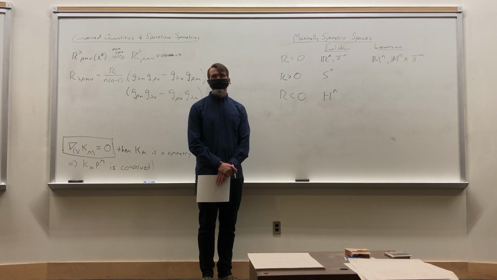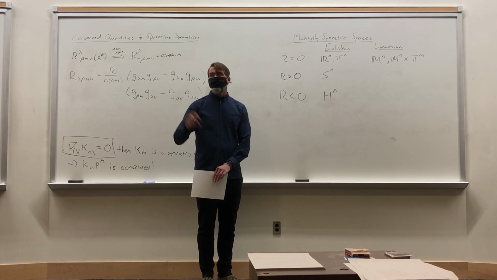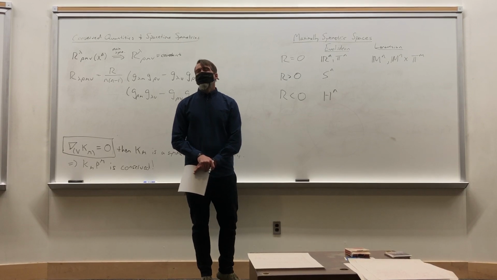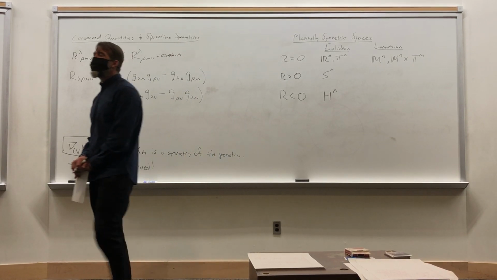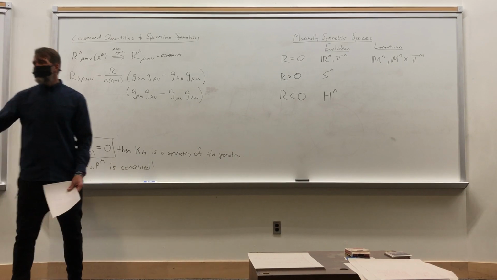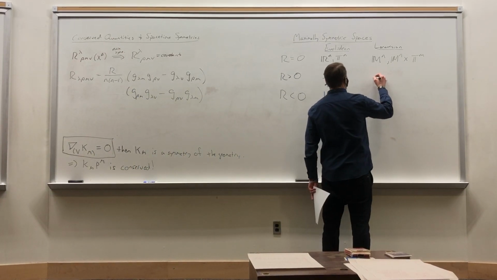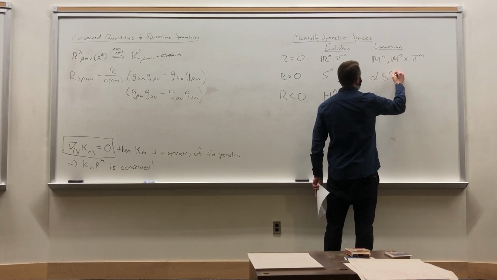Anyone know? Is it Minkowski space tensor product with the Sn? That's actually cheating. It is, but there's a general name for this kind of space. This space is called de Sitter space.